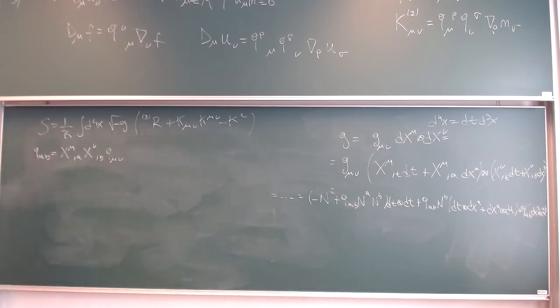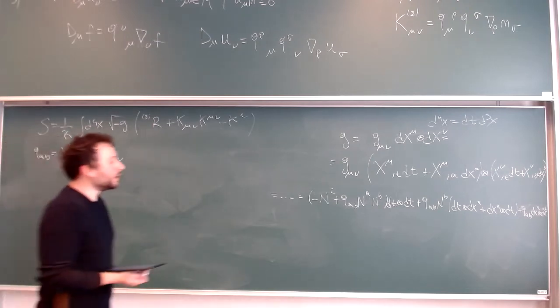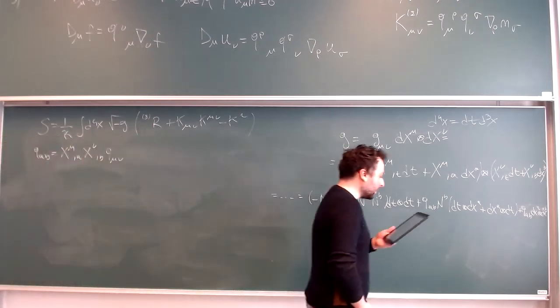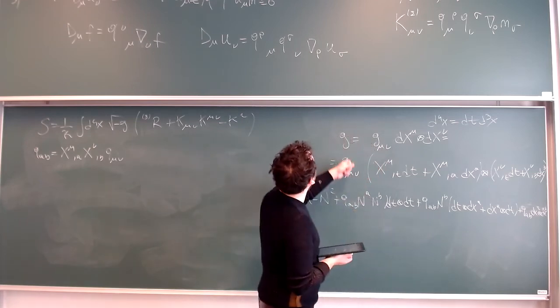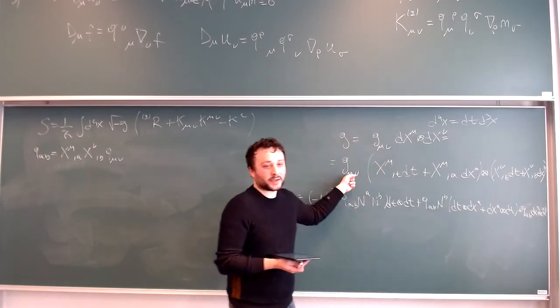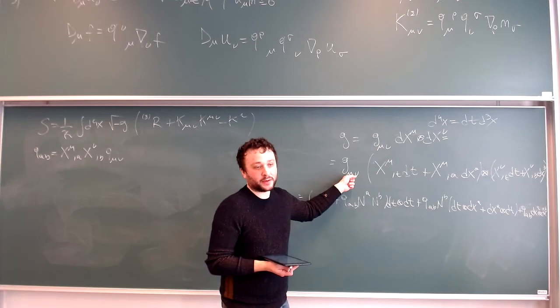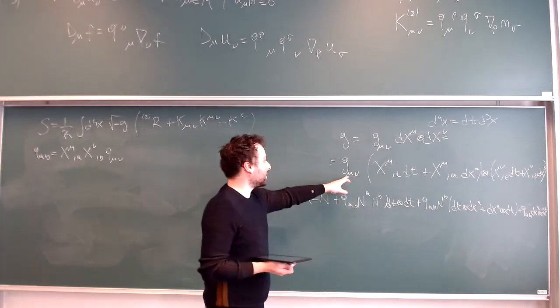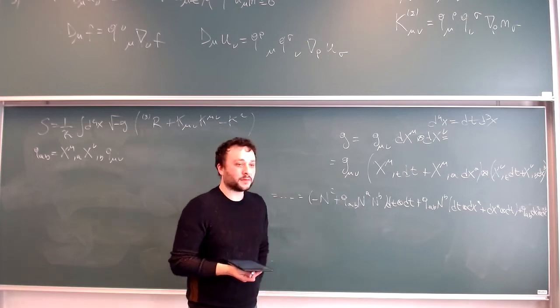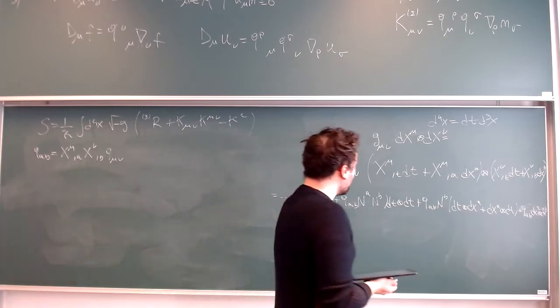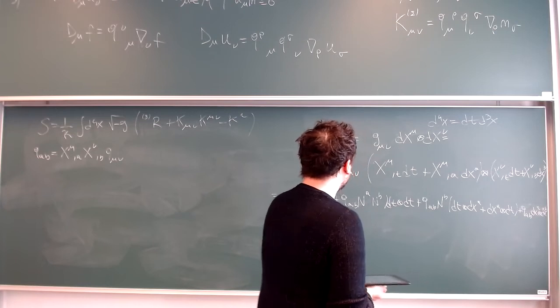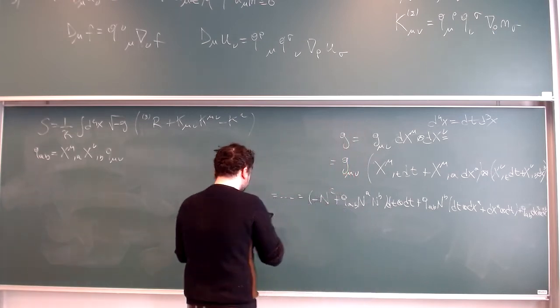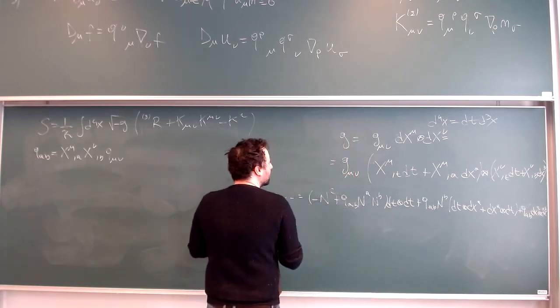Why g, because that's what you have there? The point is that, as I told you, this g_mu nu equals q_mu nu minus n_mu n_nu. So what happens with the other part, the n_mu stuff? I'm going to do it.